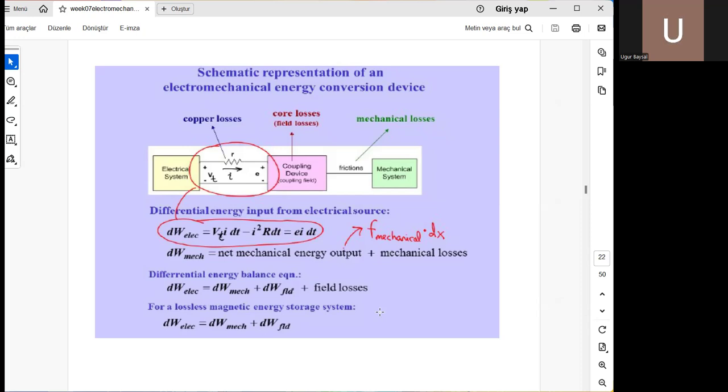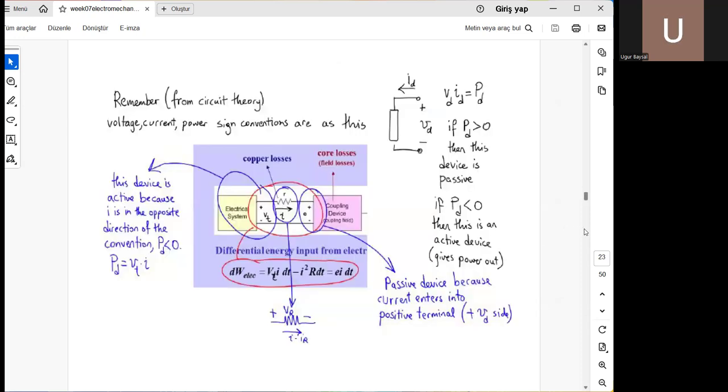So the change in the electrical energy will result in the addition of two changes, in the mechanical and magnetic energy.